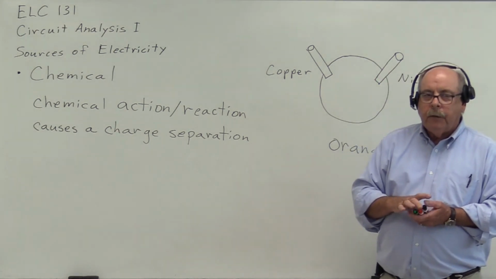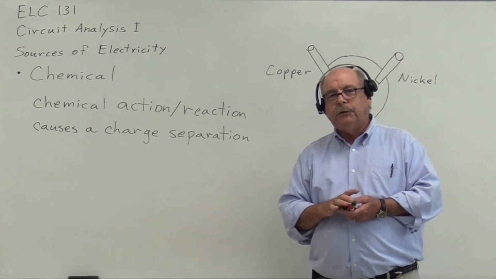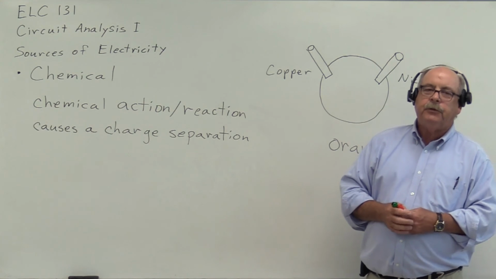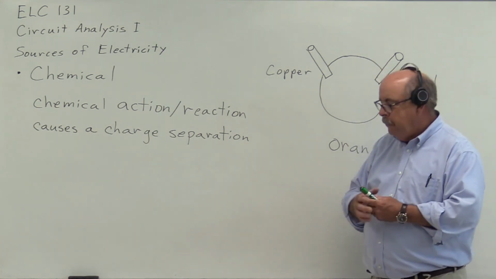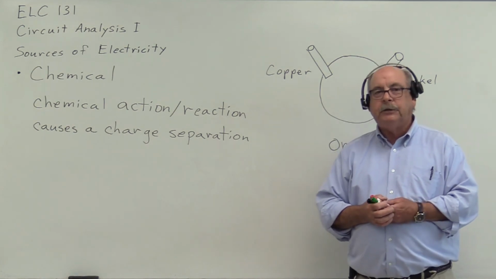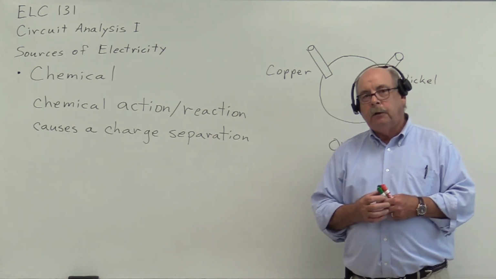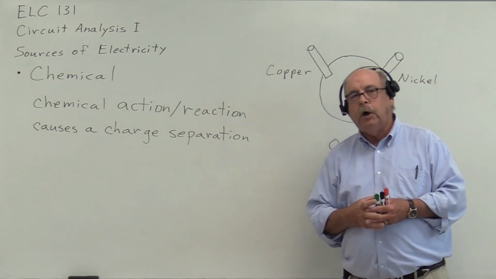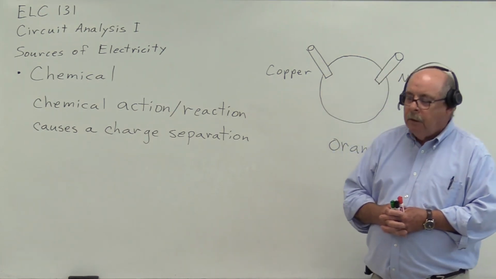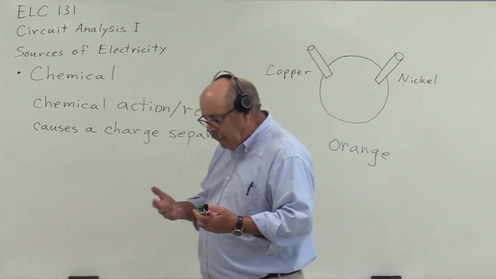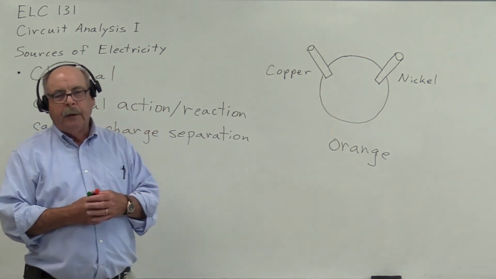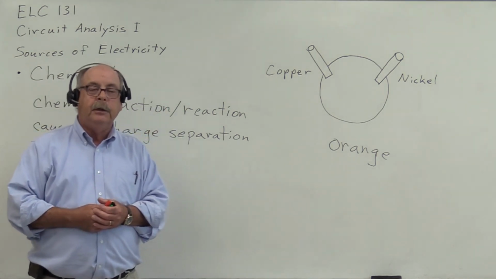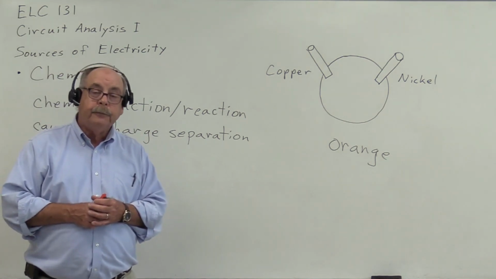So the last means of producing electricity that we'll discuss is through chemical action. And a chemical action or reaction creates or causes a charge separation. Now, we typically think of producing electrical energy through chemical action or reaction as a simple battery.